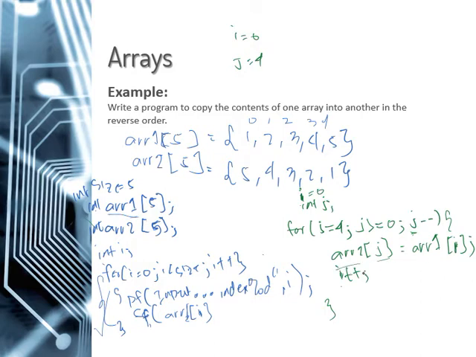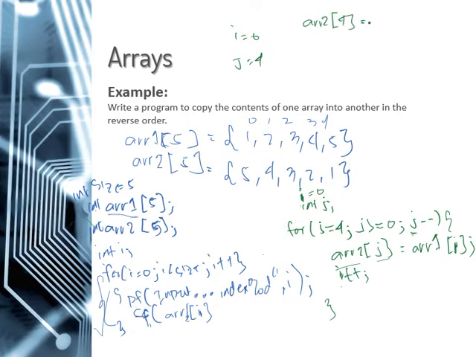So what happened in this line? This is the crucial line here. If we analyze it, our j started at 4. So in this first execution, r2 at index 4 is equal to r1 at index i, where i is 0.